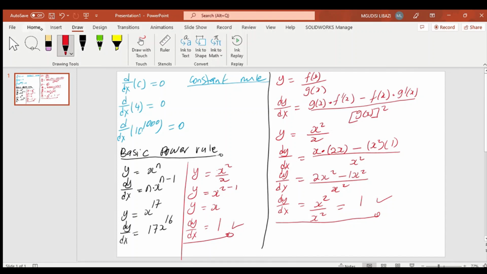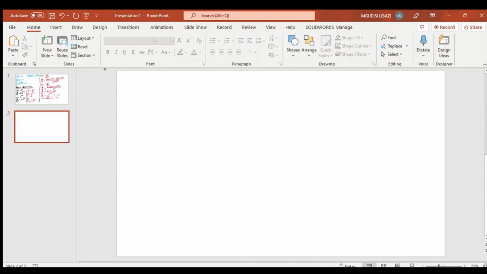The other thing that is very important is the product rule. How do we go about solving the questions in the product rule? For the product rule, let's say you are given a function y is equal to f of x multiplied by g of x. You have two functions that are multiplying each other. That is why it is called a product rule.